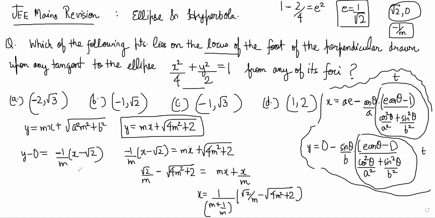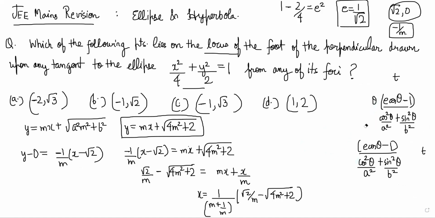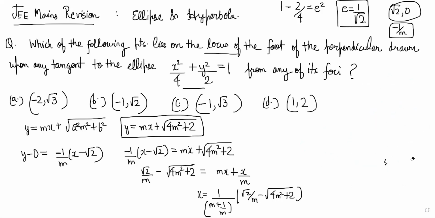If we know our x, y will again be slightly annoying. It will still be a little difficult to solve. Instead of that, what if we say we found two line equations, one for the perpendicular and one for the tangent?